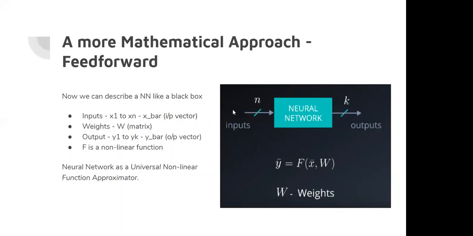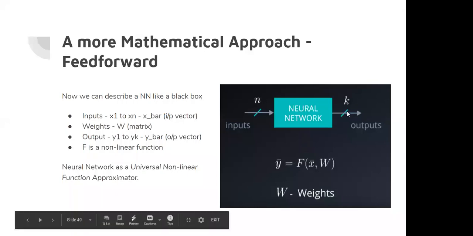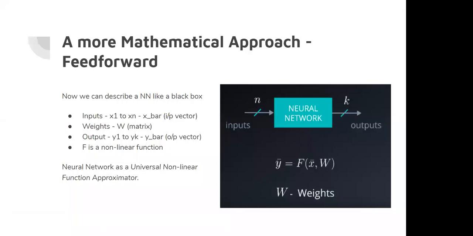So now it's x bar, n number of inputs. Then you have a black box neural network, which gives you k number of outputs. It's like a multi-class classification. k can be 1 or k can be 1,000. Your k outputs are from y1 all the way to yk, so it becomes a y bar. And then there are some weights inside, which become a weight matrix.